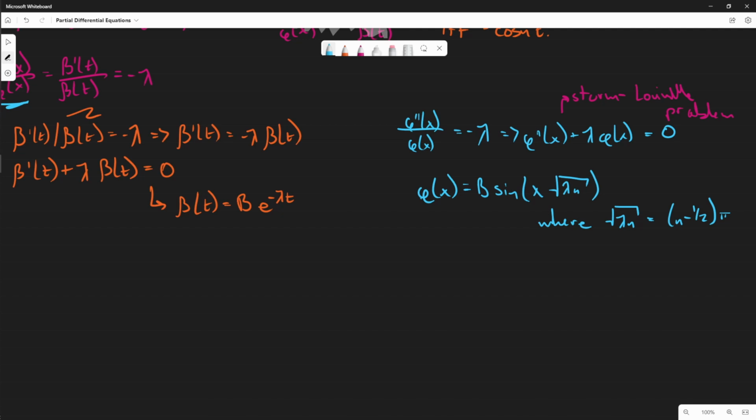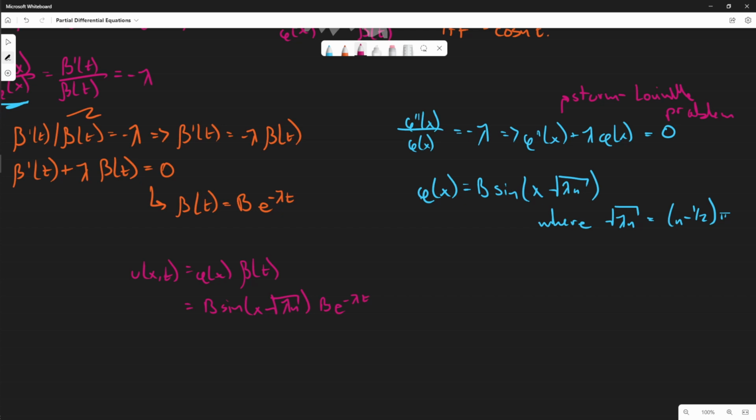And so now that we found the solution for phi of x and beta of t, we know that u of x, t is equal to phi of x times beta of t, which is equal to b sine of x times the square root of negative lambda times e to the negative lambda t times b.